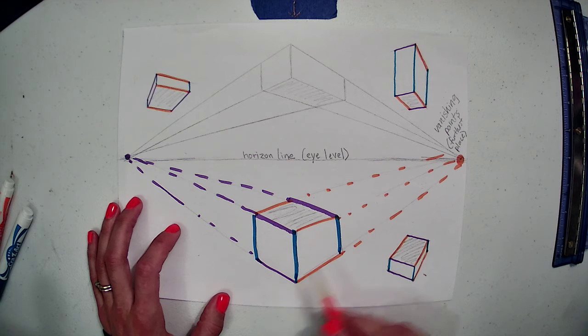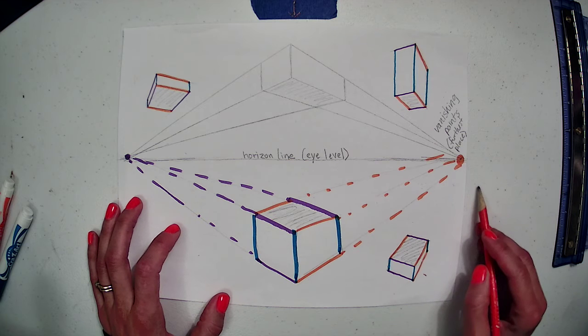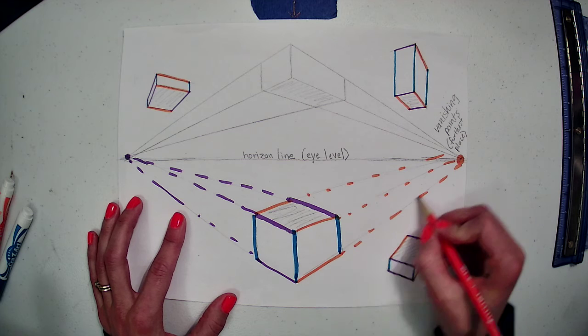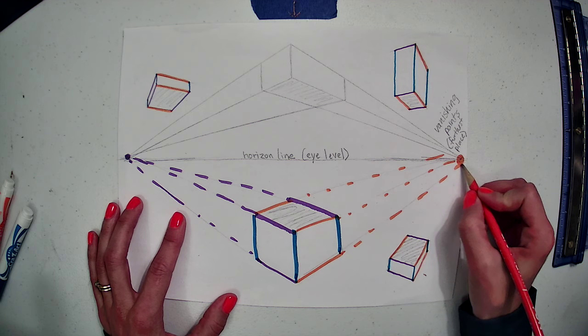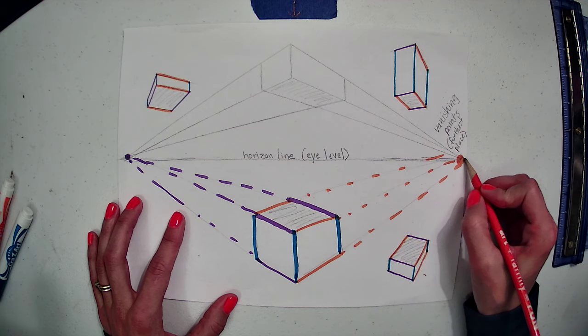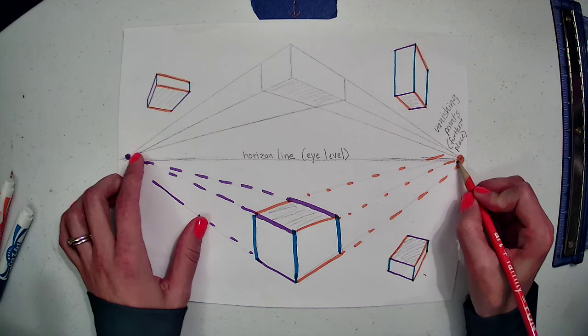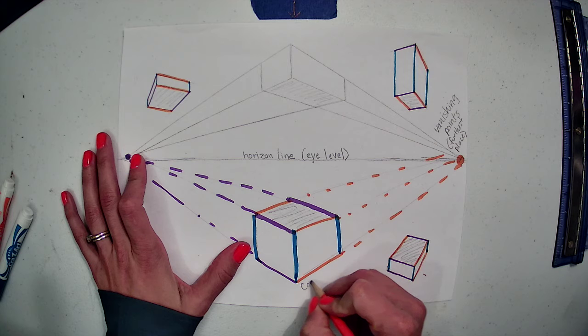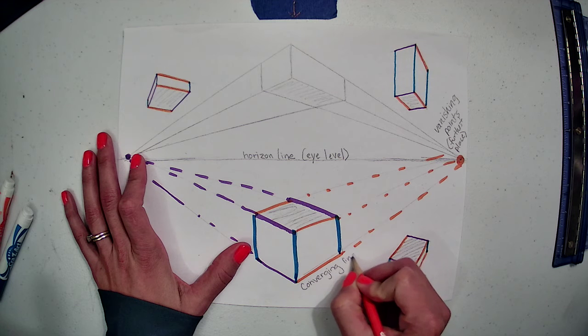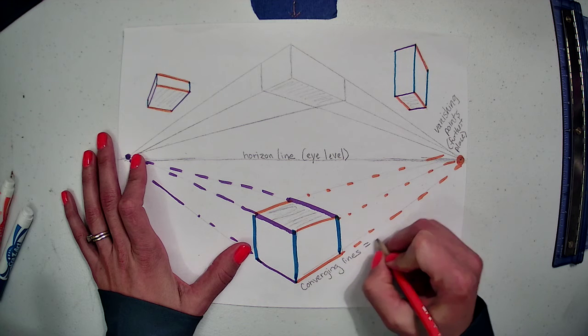So anytime we want to express depth in our illusion, we're going to be using the concept of what's called a converging line. Converge means to join together, and those lines are always going to join together at one of the two vanishing points. So converging lines show depth.